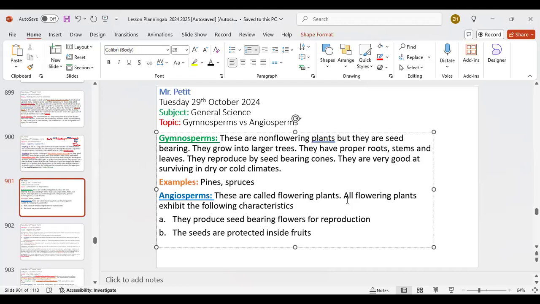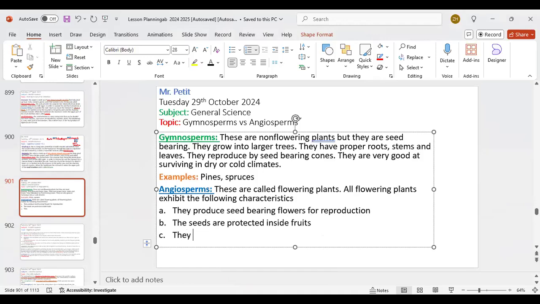Seeds make roots, and then they have a well-developed vascular system. They have proper or well-formed roots, stems, and leaves.